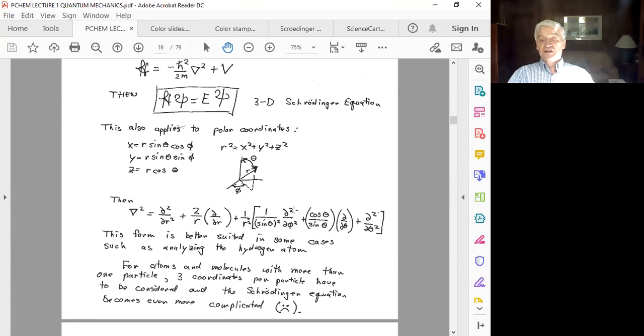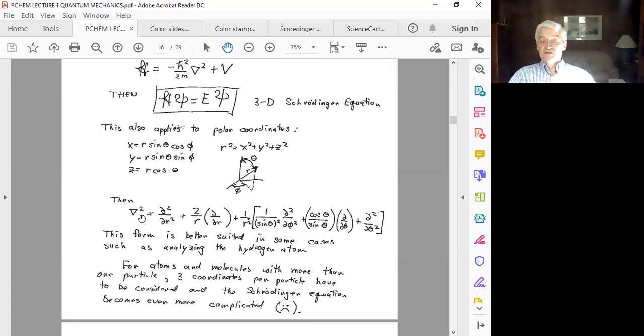Now, fortunately for us, we're not going to have to use spherical coordinates very much because you can see it starts getting pretty awful. However, when we get to talking about the hydrogen atom, for example, it's going to be a lot more useful than Cartesian coordinates because we can put the nucleus at 0, 0, 0 here, and then we can take the distance r as being the distance the electron is from the hydrogen nucleus.